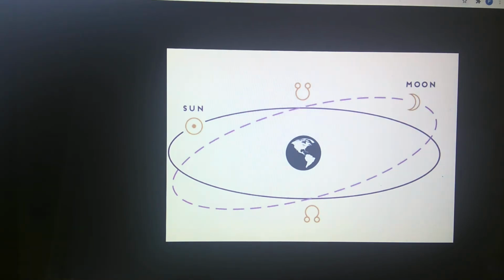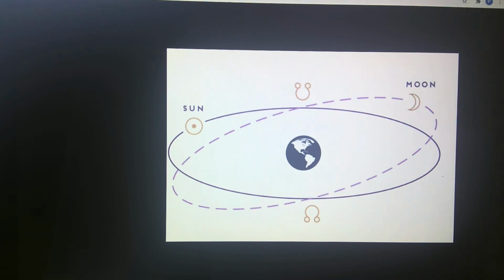You can see through this very simple diagram too where we get eclipses from, because eclipses are just very powerful new moons and full moons, and wherever the nodes are is where we have eclipses.